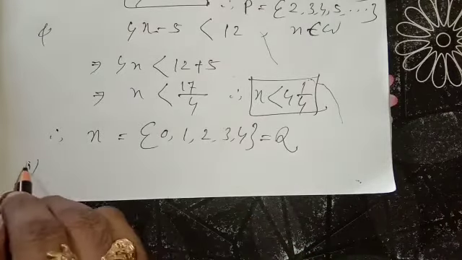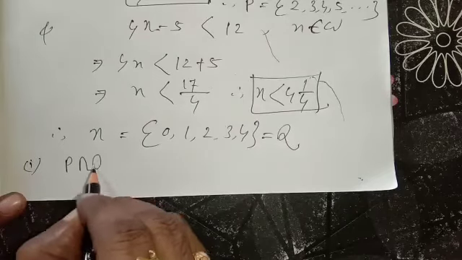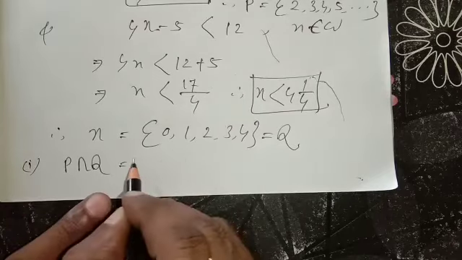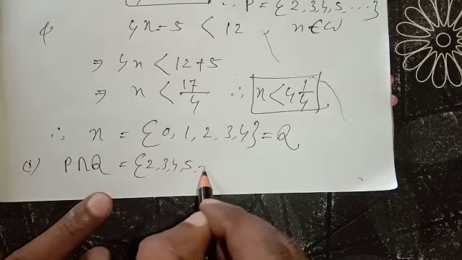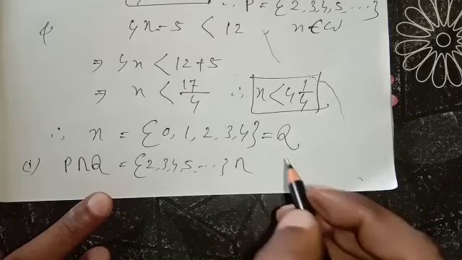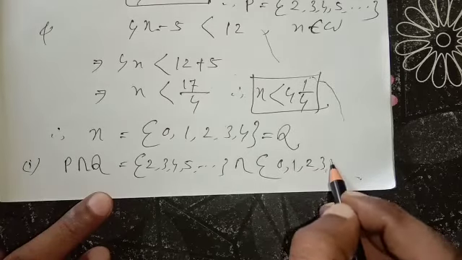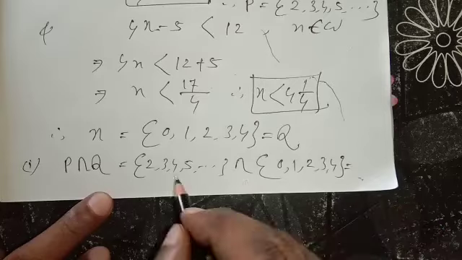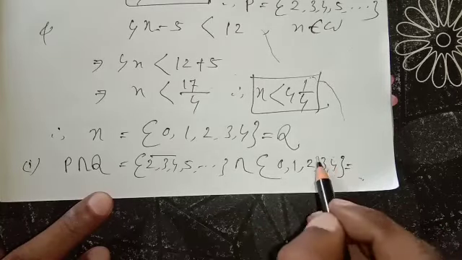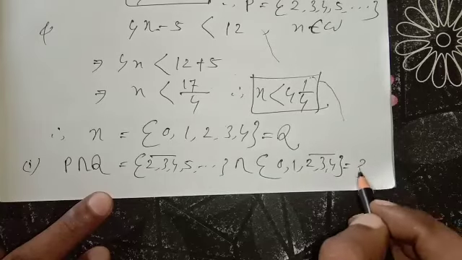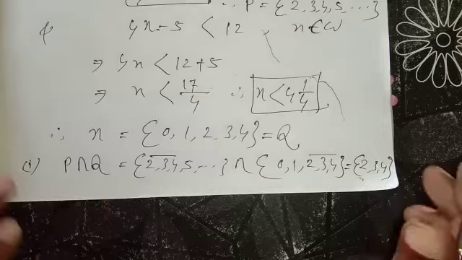The first part of the question asks to find P intersection Q. P means 2, 3, 4, 5 up to infinity, and Q contains only 0, 1, 2, 3, 4. So what are the common elements here? 2, 3, 4 are common, no other element is common. Common elements you have to write.